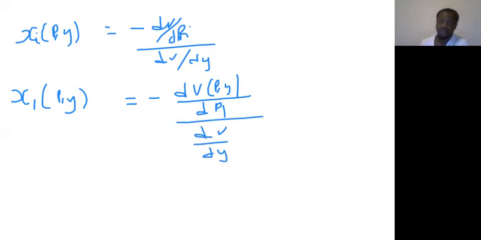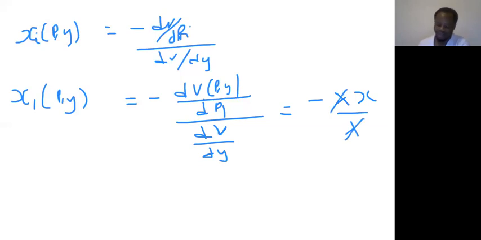So let's try from what we did. You know that when we differentiated v(p,y) with respect to p, which we just did, we had minus lambda x, right? And when we differentiated v with respect to income, we also had lambda, right? So this cancels this, then you have minus x.